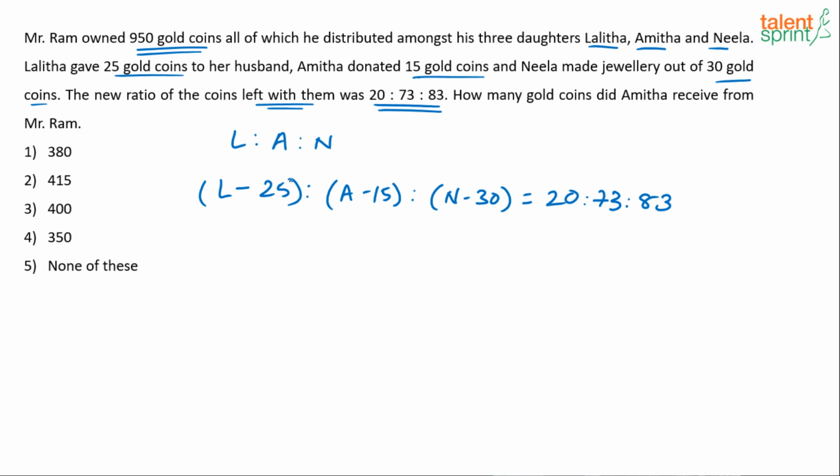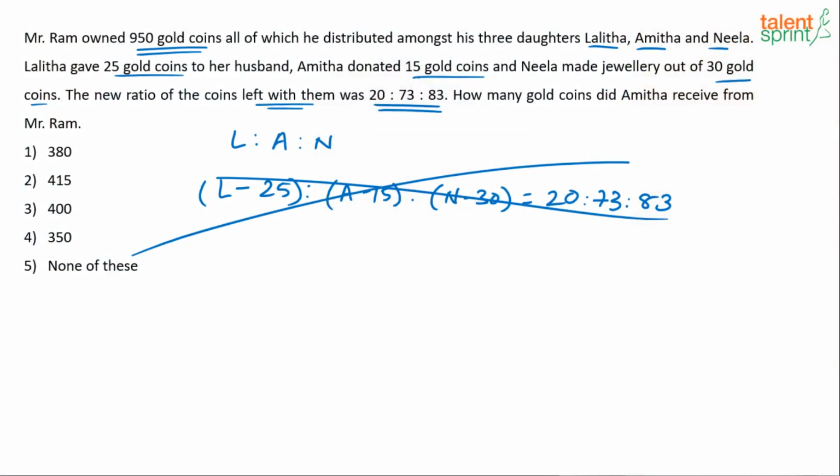Yes or no? Because from Lalita's share, 25 coins are gone, from Amita's share, 15 coins are gone, and from Neela's share, 30 coins are gone. So the balance coins are in the ratio of 20:73:83. I think the moment you write this equation, you're screwing yourself up. This is only going to lead to unnecessary time consumption.